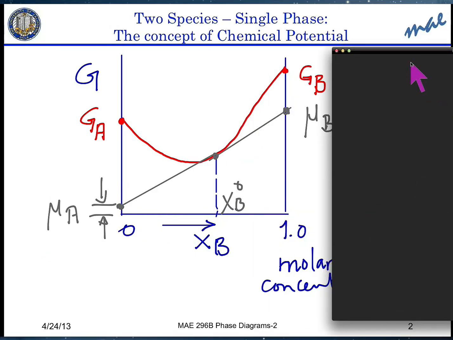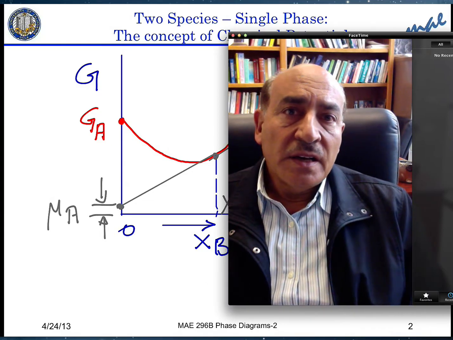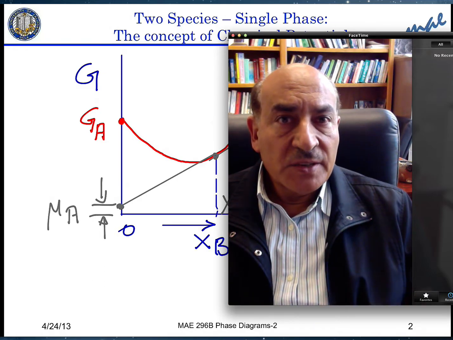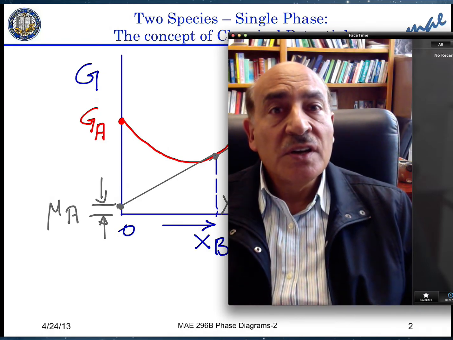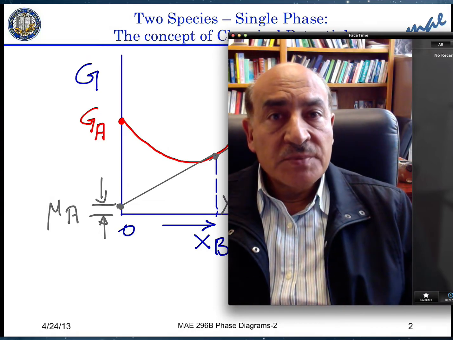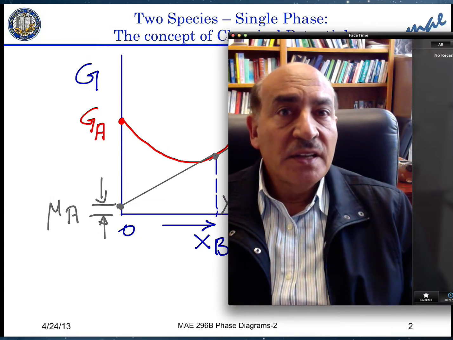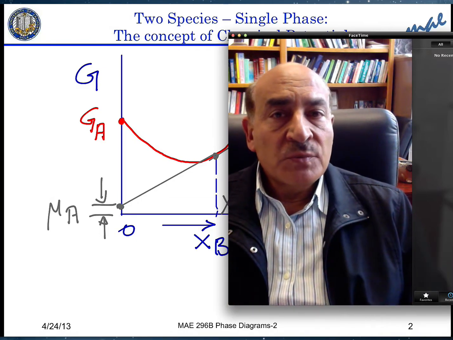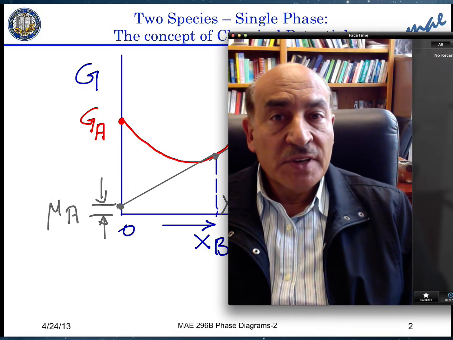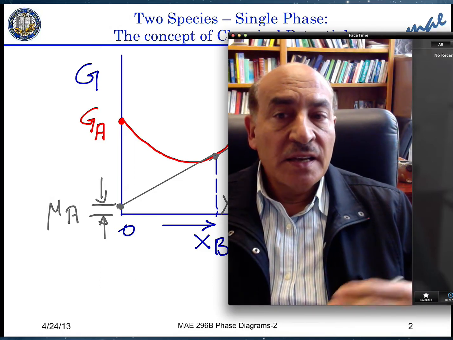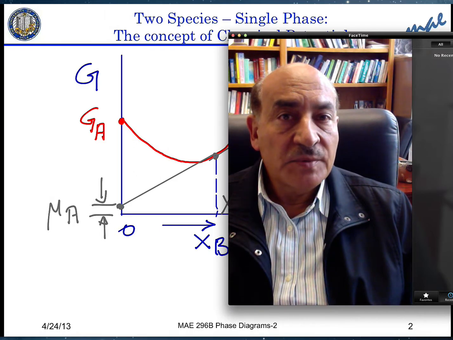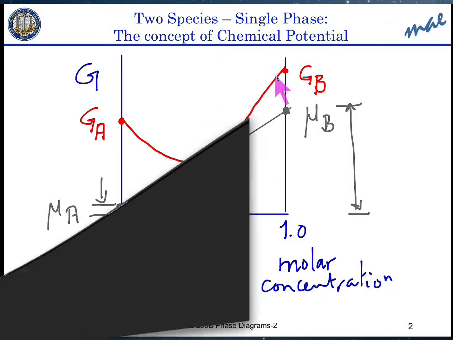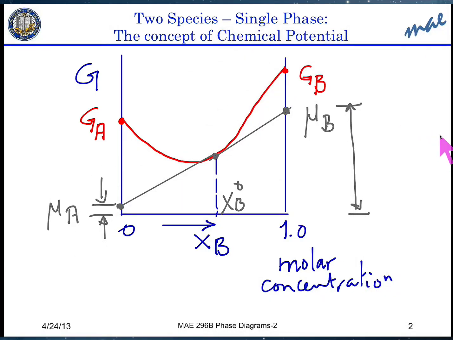So what we want to do is look at the definition of the chemical potential as the rate of change of the total Gibbs energy with respect to the concentration, and from that we will show that the intercepts on both sides represent the chemical potential of element A and the chemical potential of element B at a given concentration.